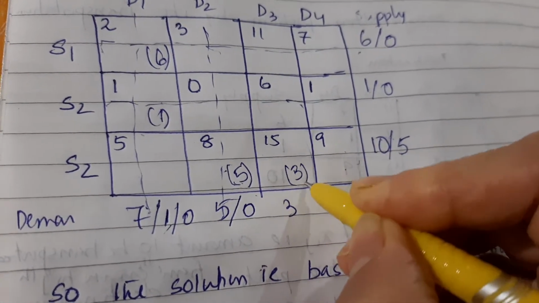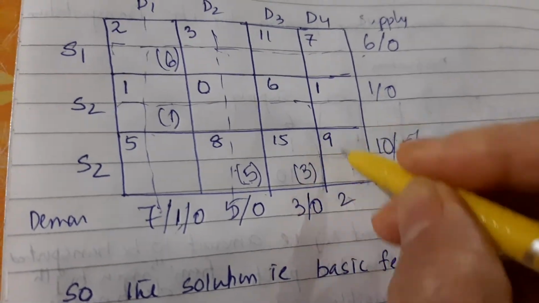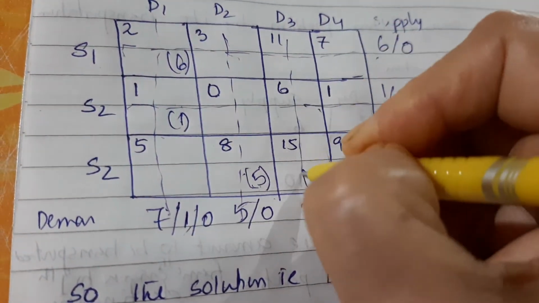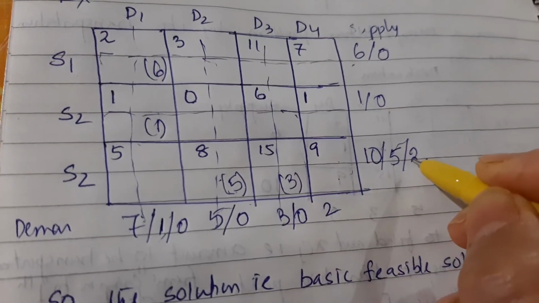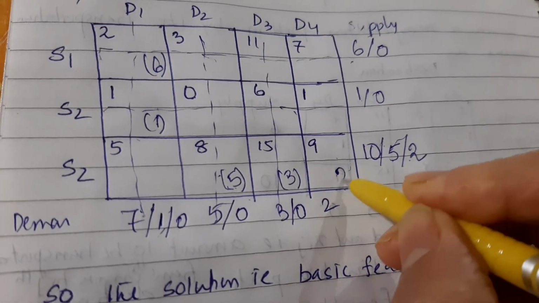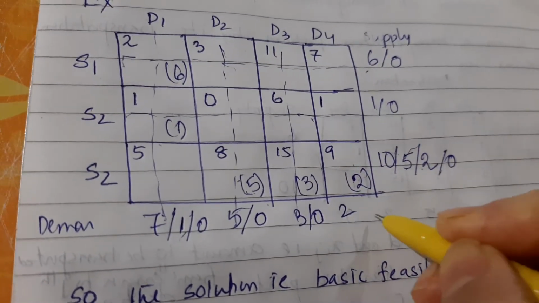So, we allocate 3 here, this will be 0 and here it will be 2. This column has been exhausted, so we are going to cross it off. In the last cell, demand is 2 and supply is 2. So, we can allocate here.